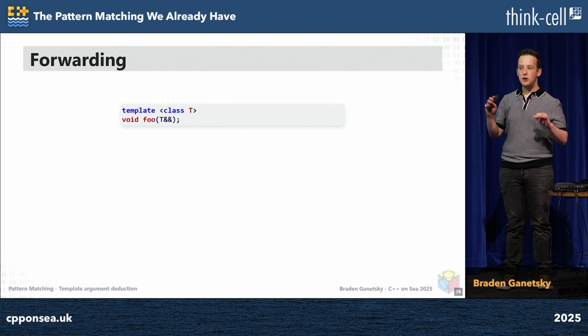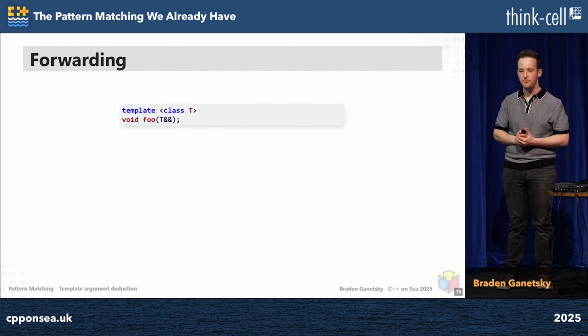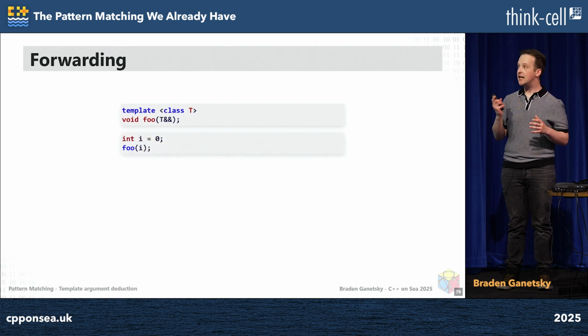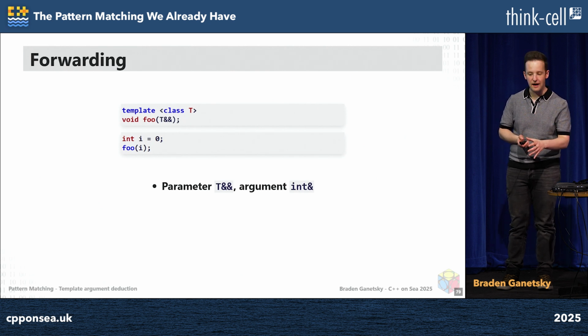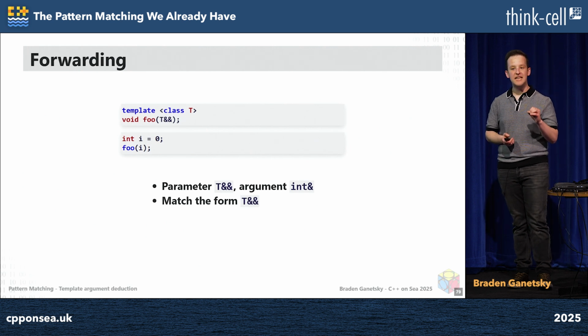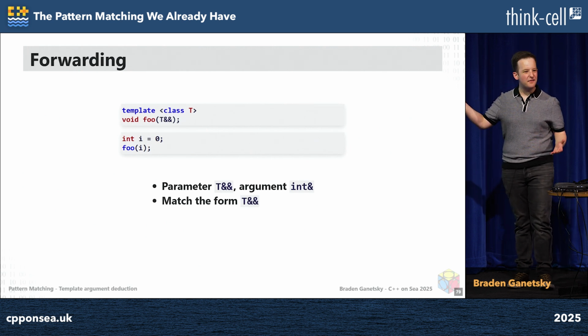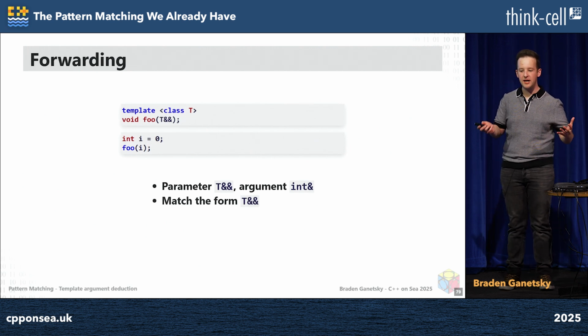And so here's how I sort of look at this in terms of template argument deduction. Here is my function template, and then I create an int called i, and then I have this foo that I am passing i into. So the parameter is T&&, the argument is int&. Now, we need to match the form T&&, but int& doesn't match that form, I hear you all screaming.